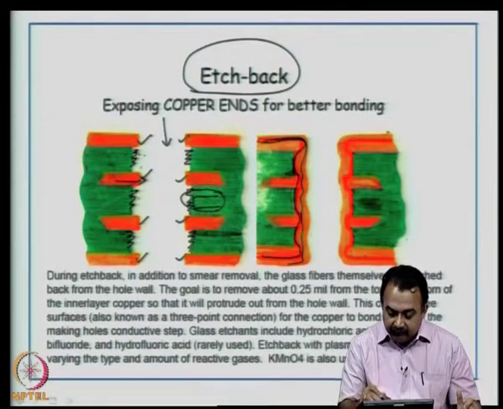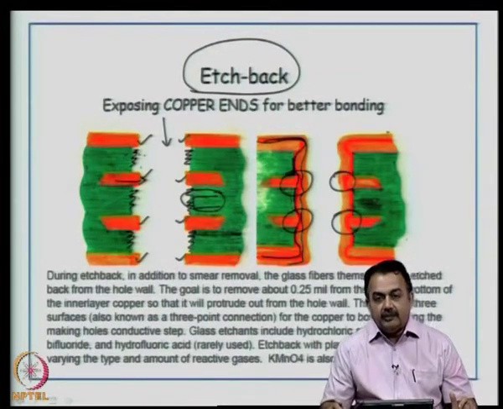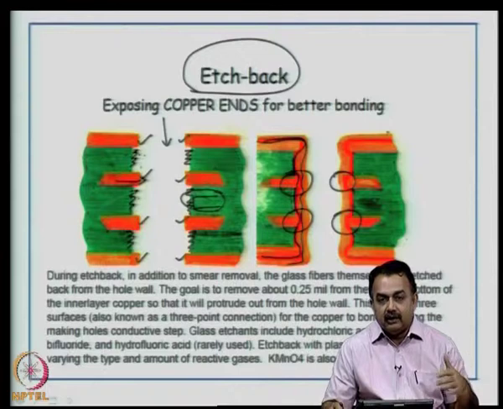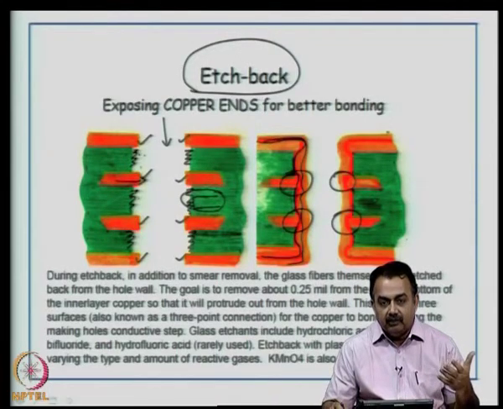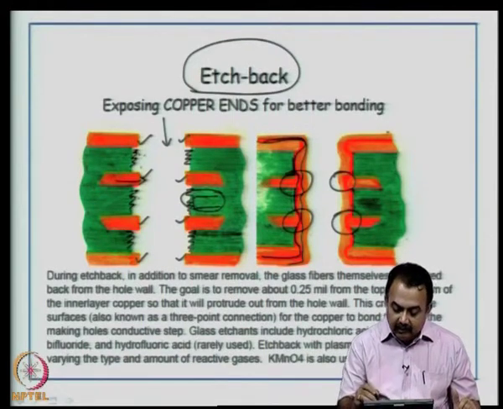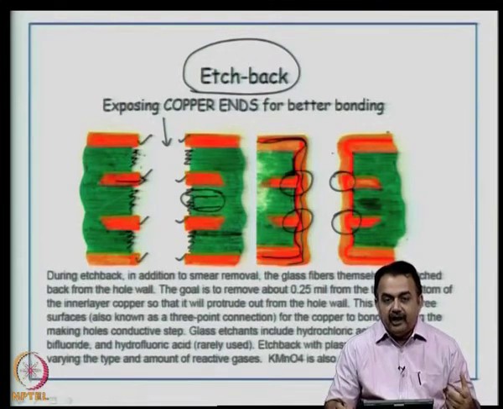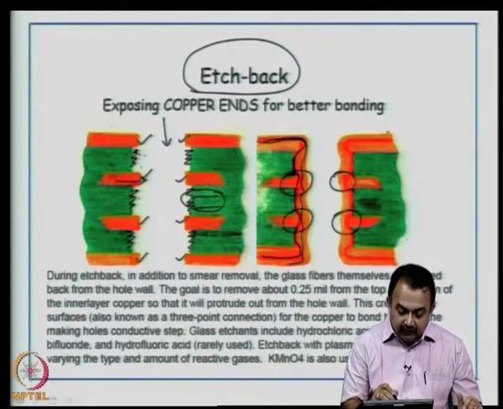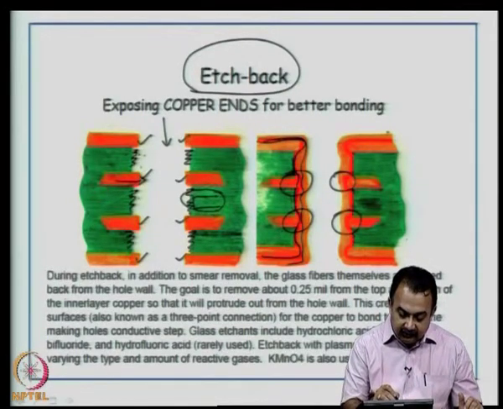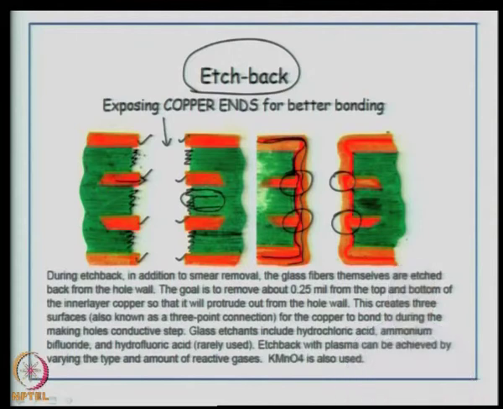Now, you see at these junctions, the three types of copper, that is the base copper, electroless copper and electroplating copper, are well bonded, in which case you will get a very reliable hole wall compared to areas where the epoxy smear or the epoxy base itself overshadows the copper inner layer areas, where you will not get better bonding.